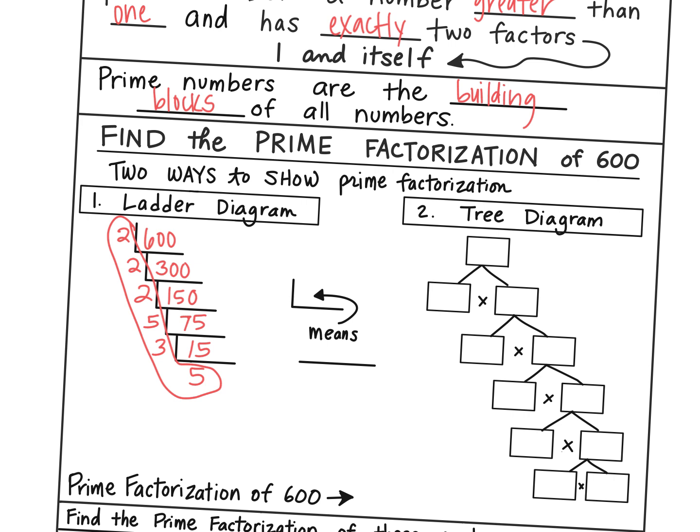So we are going to list all of my prime numbers. It's like this: 2 times 2 times 2, because I'm just going down, times 5 times 3 times 5.